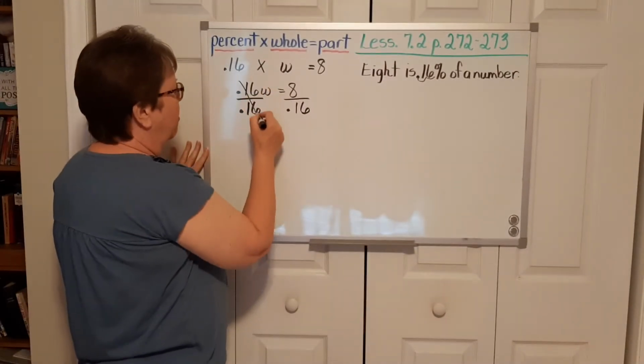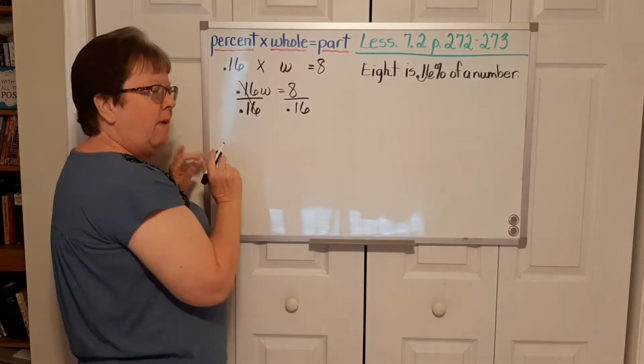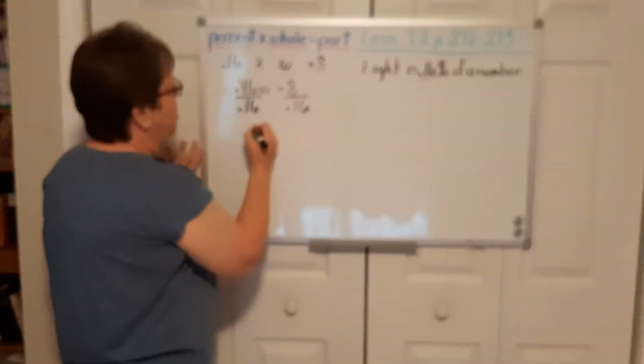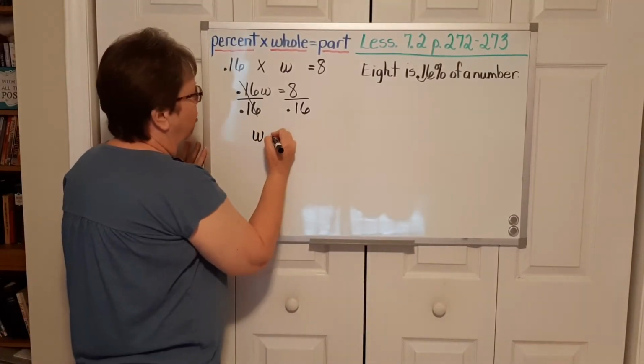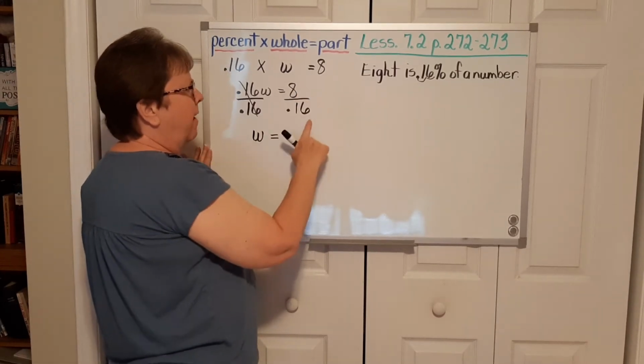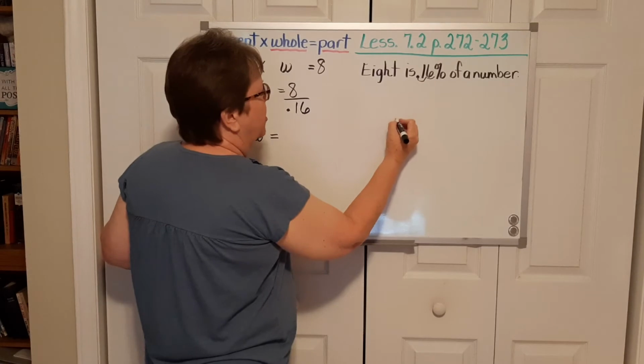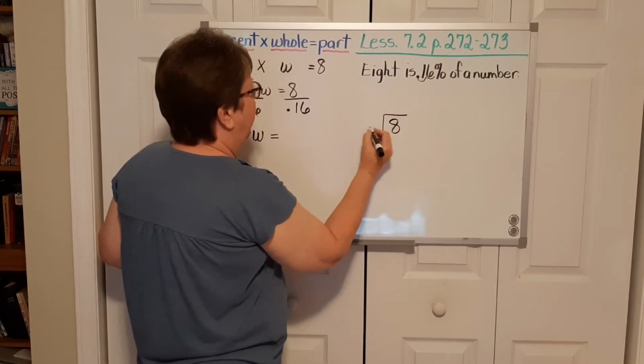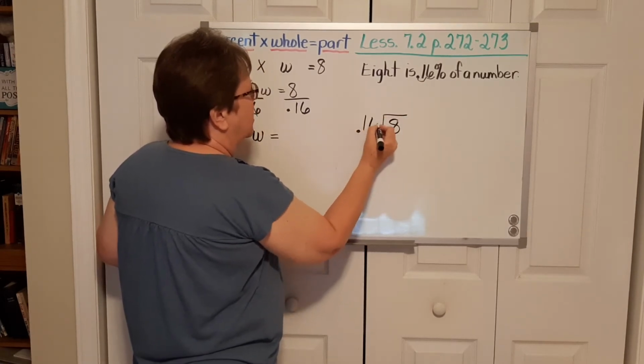So we know 0.16 divided by 0.16 equals 1, so all we have is whatever our whole number is. And then here we've got to take 8 and divide it by 0.16.